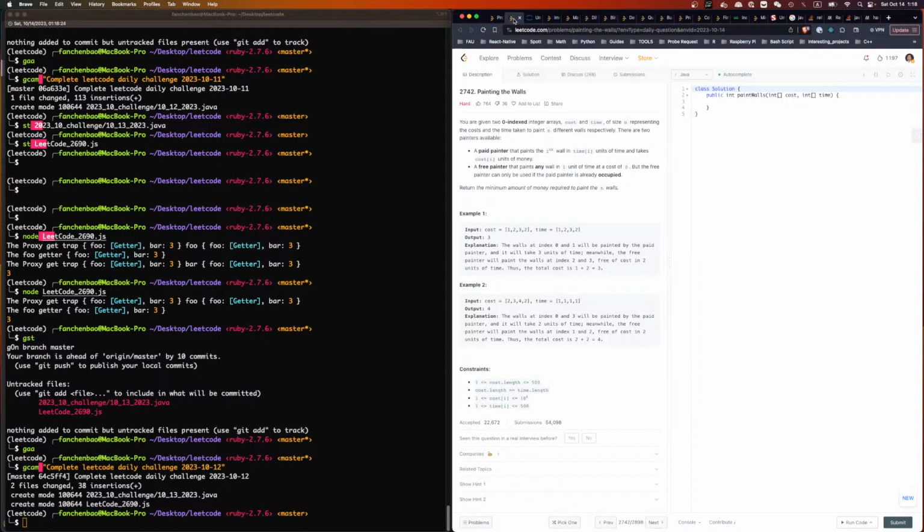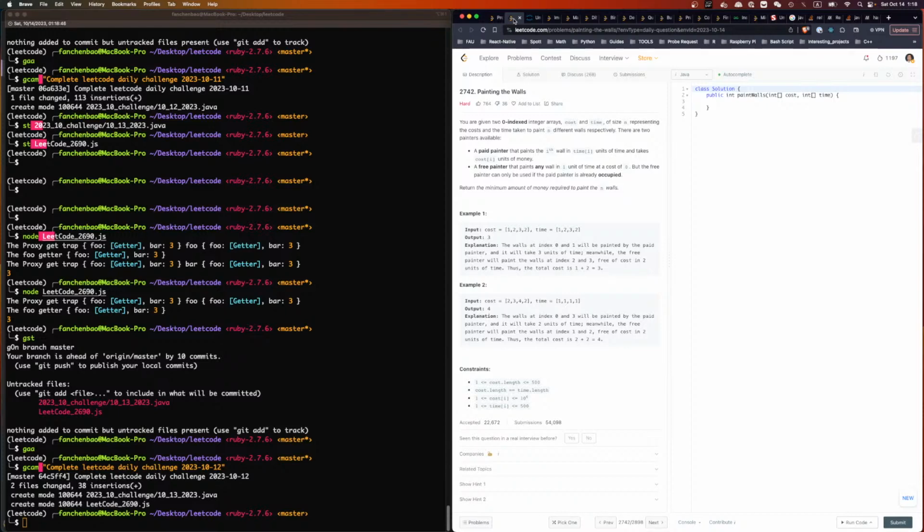What's n? Of size n. Okay, that's n. A paid painter paints the ith wall in time[i] units of time and takes cost[i] units of money.